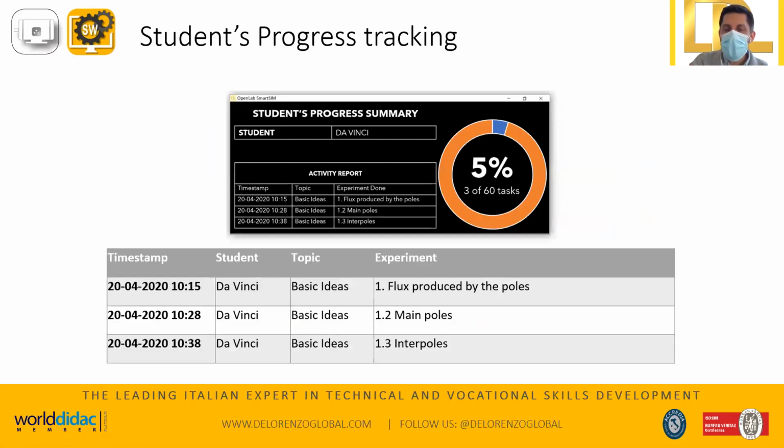And the tracking of the student is done by the progress summary, where we can see how many tasks the student has completed out of the proposed set of experiments. So this is the quick overview of the structure of the software, and I'm sure it will be very clear once Helmi starts showing you the demo we prepared for you today.